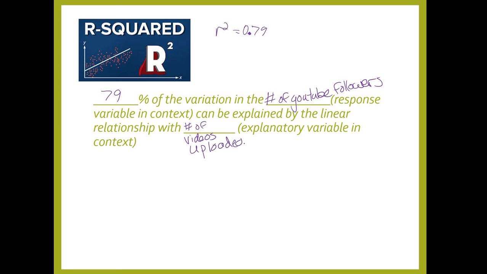I'm pretty sure that would not be a linear relationship or really probably have any correlation. It's the first thing I thought of. So you want to write it in context and then also have the percentage there.